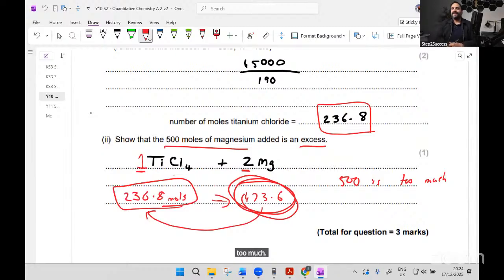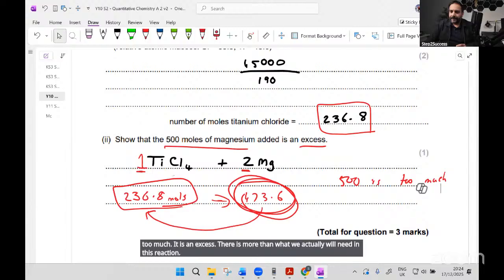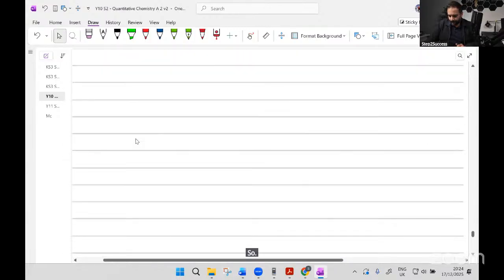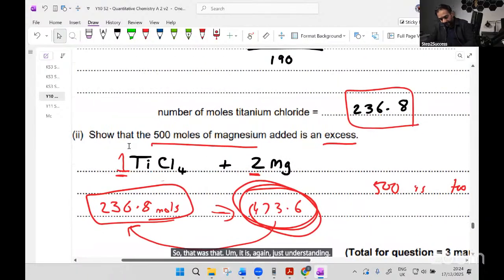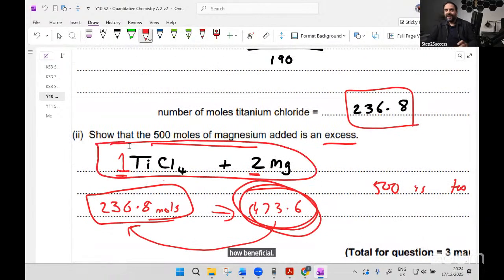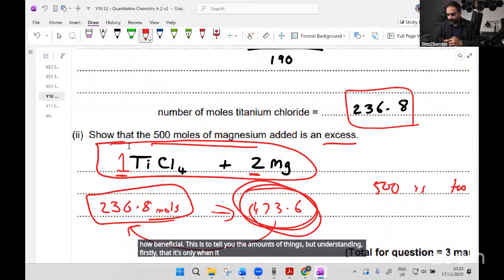It is an excess. There is more than what we actually will need in this reaction. So that was that. It is again just understanding how beneficial this is to tell you the amounts of things, but understanding firstly that it's only when it's in moles that that works.